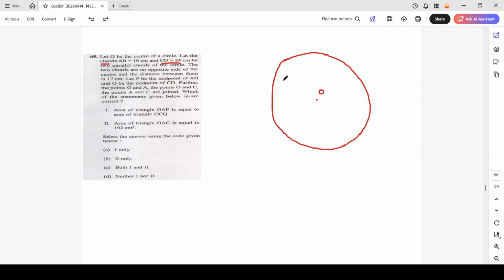As we know, the larger chord is closer to the center. So this is CD, 24 centimeter, and the smaller chord is far from the center. That means this is AB.